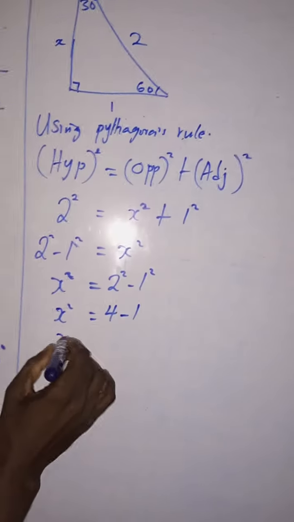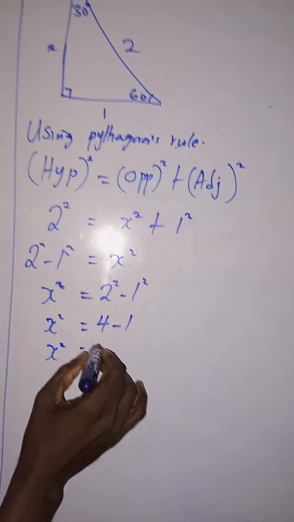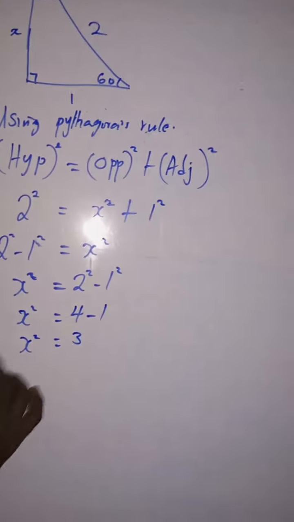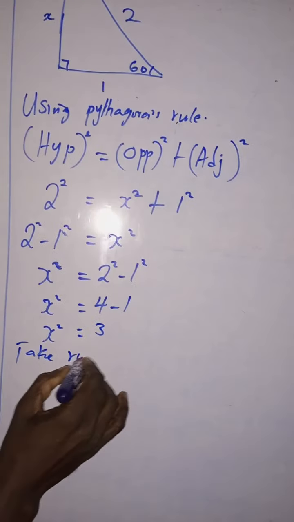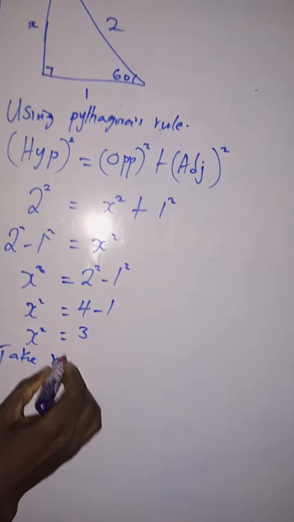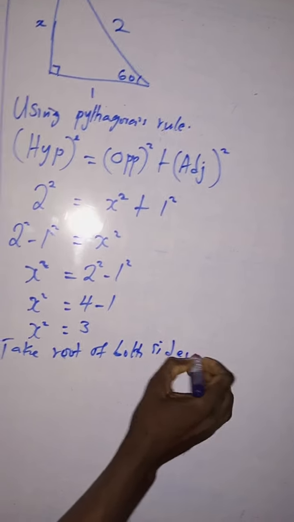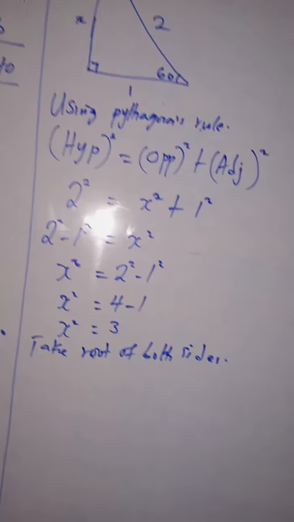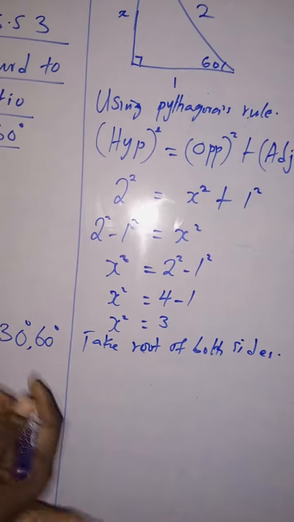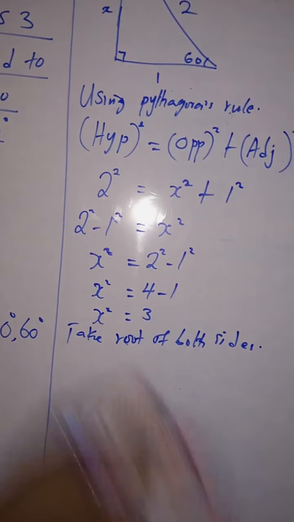So x squared is equal to 3. Then I'll now take the root of both sides, as we know that square is cancelled by square root, while square root is cancelled by square.